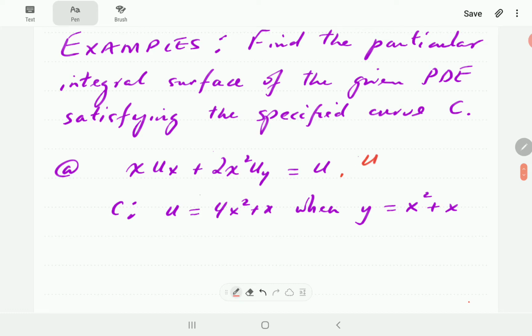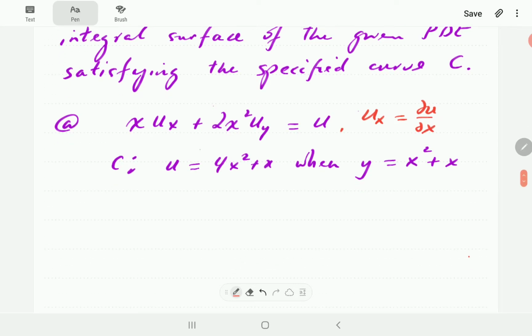So we're using the subscript notation here. u_x denotes partial u, partial x. This solution we'll need to find must satisfy the curve u equals 4x squared plus x when y is equal to x squared plus x.